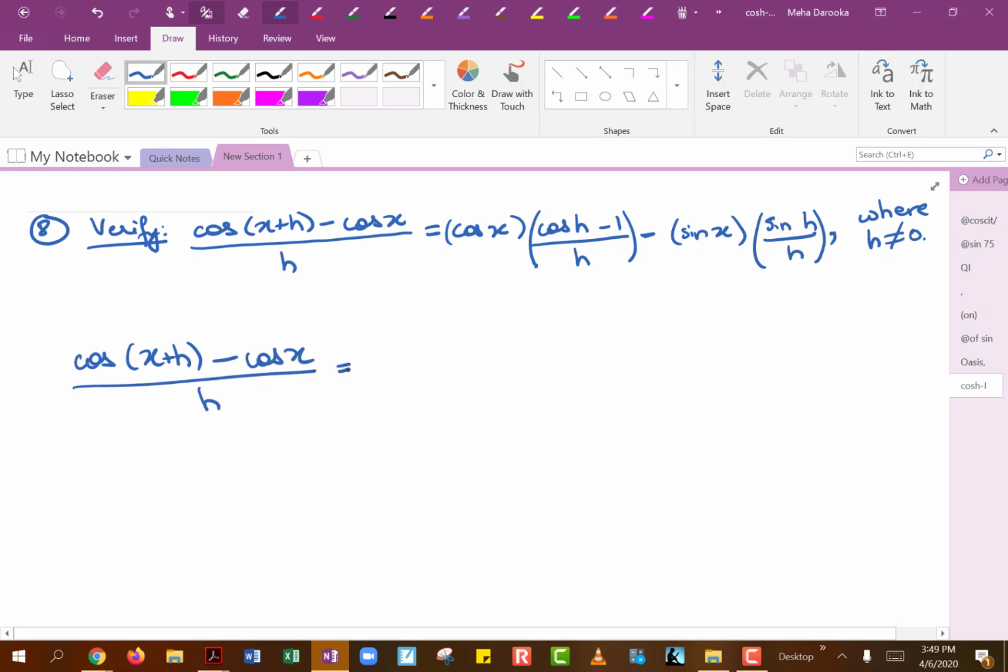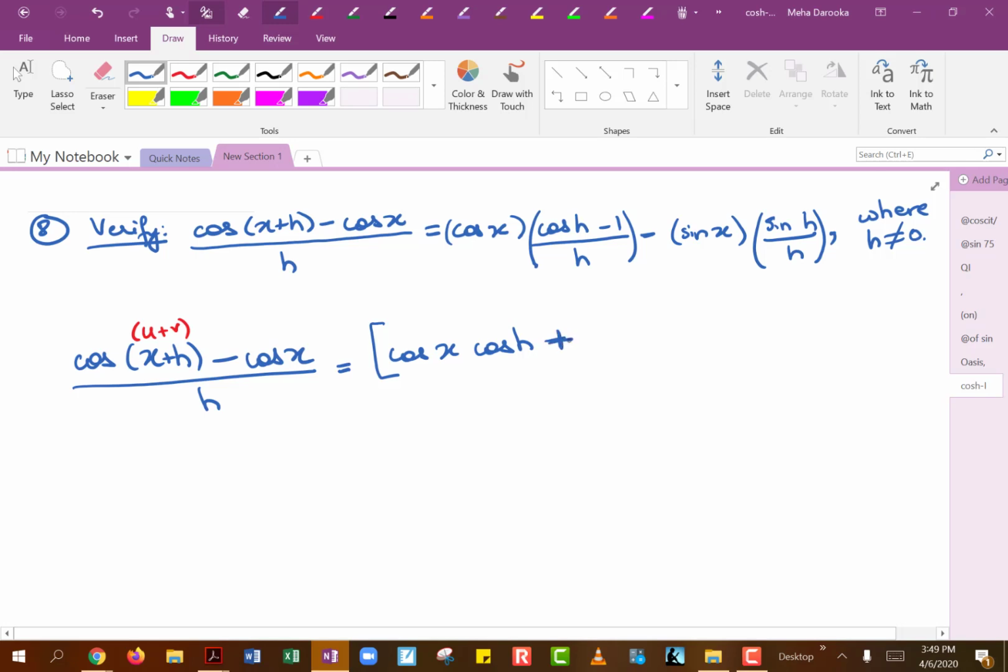And we have to show what happens and how we can get the right-hand side. So use the u plus v formula. So that would be cosine of x, cosine of h, and then for the cosine formula you actually switch your signs.